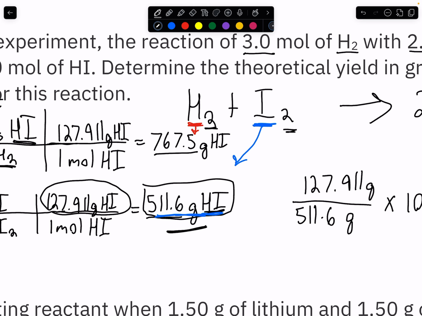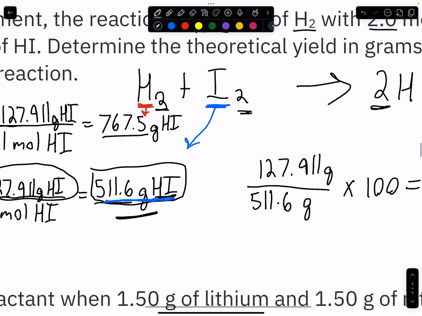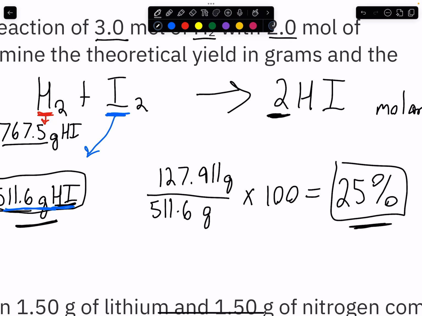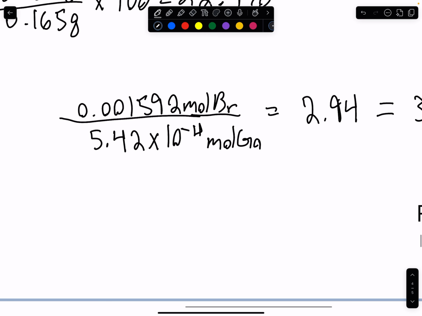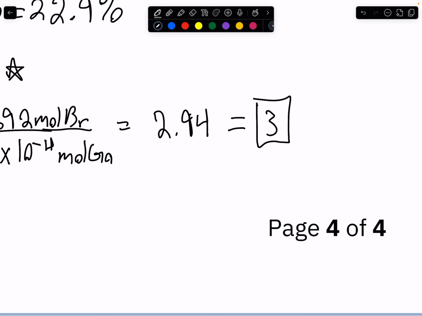Basically, if you have a coefficient, this is going to relate to the coefficient over here. Hypothetically, let's say it's a 3. You'd know it's a 3-to-2 or a 2-to-3 ratio. So when you make that ratio, we're making that ratio of how many moles of bromine I need per mole of gallium. And that ends up being really close to 3.